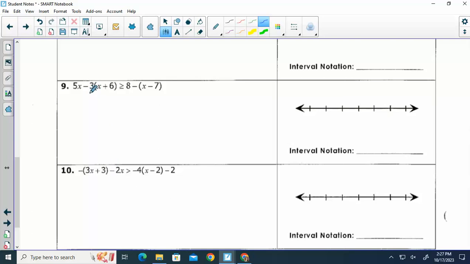What do we distribute on the first parenthesis? Negative 3. So we get a 5x minus 3x minus 18. Over here, what do I need to do? Distribute negative 1. There's no number there, it's just a negative 1. So that's a minus x plus 7.